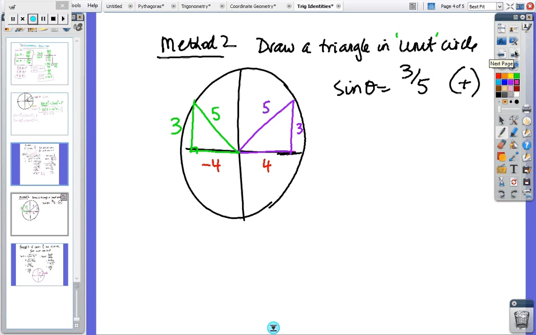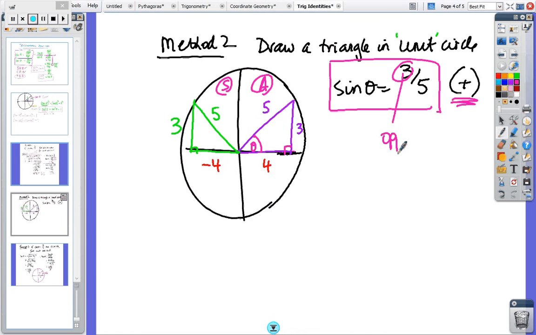Now, that may not make sense, but I think it must be on my next page. So on method 2, you could draw a triangle. Sine theta is 3/5, which is positive. So we've got all stations. So sine is positive in first and second. So if I do my triangle in the first quadrant, there's my angle just there. There's the opposite, so that number is the opposite side, and that number is the hypotenuse side.